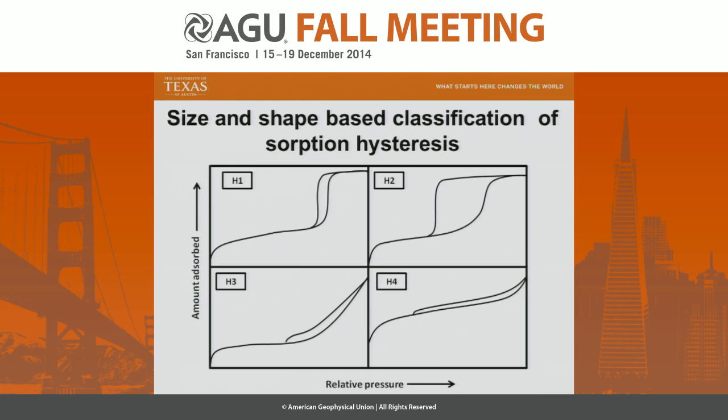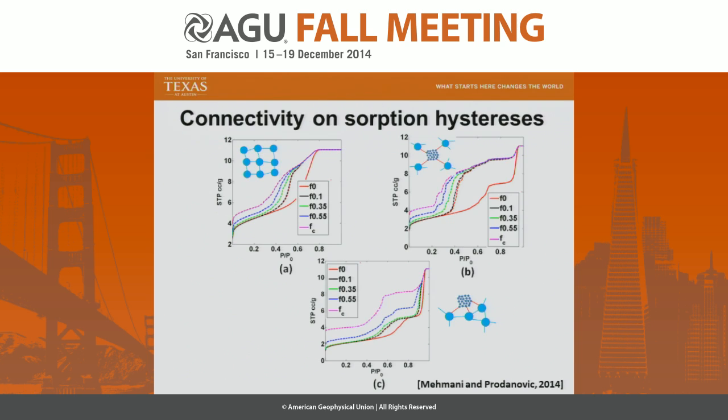In the first case, the pore size distribution is narrow. In the second case, the pore size distribution is wide. In the third and fourth hysteresis types, this sort of behavior is linked to the pore shape, specifically a slit-shaped pore. And now that people are trying to characterize shale via sorption hysteresis, they use this sort of classification to make inferences about the pore structure.